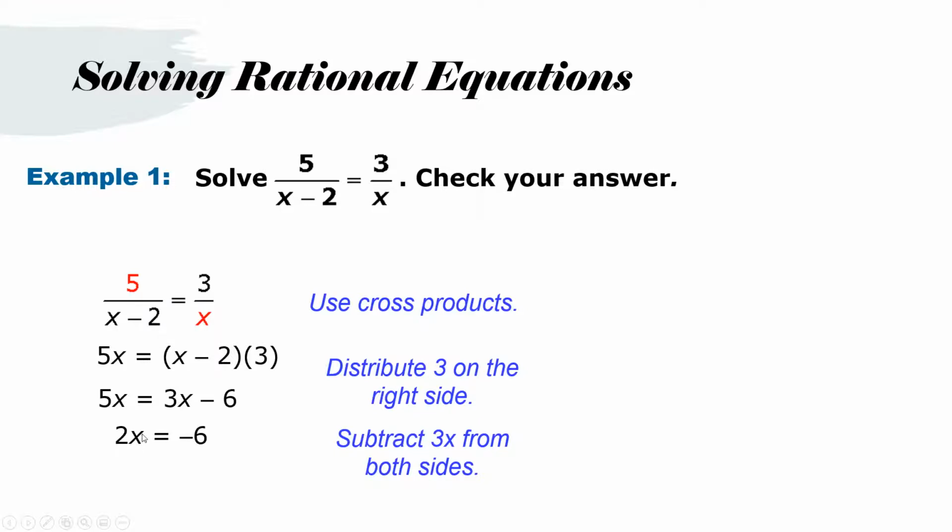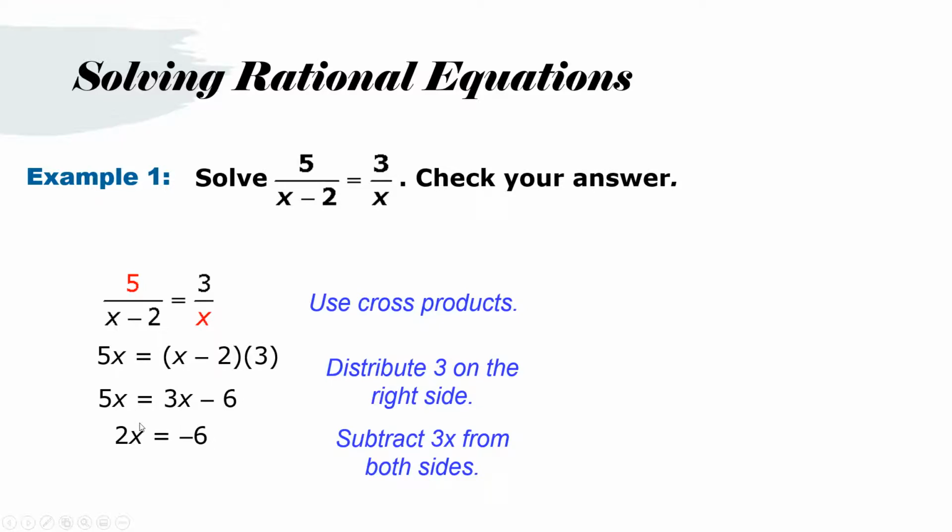Now, take note that we are going to get the value of x. The target is to get the value of x. Common question, what is the number that if we multiply it by 2, the answer is negative 6?